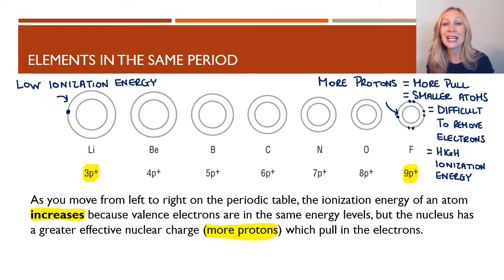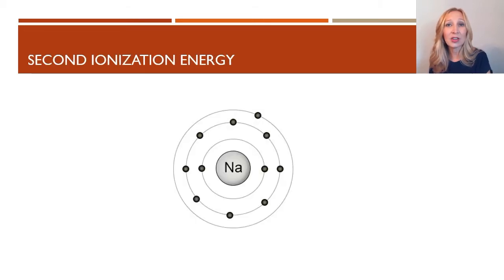It doesn't want to take a step backwards and give up an electron when its purpose is to try to find one. So on the left, we have atoms giving up electrons very easily, which means a low ionization energy. And on the right side of the periodic table, we have atoms that want electrons. So they're not going to want to give up the electrons they already have, which means they'll have a higher ionization energy.